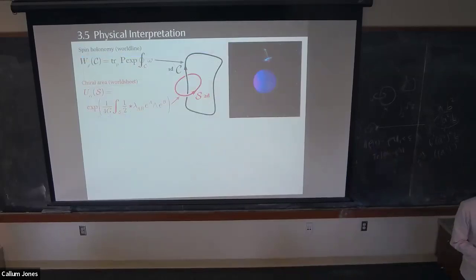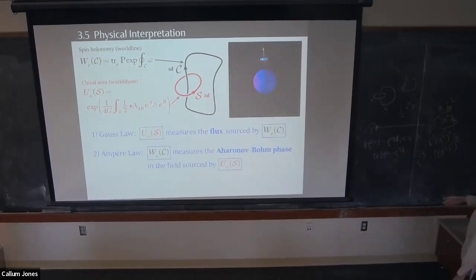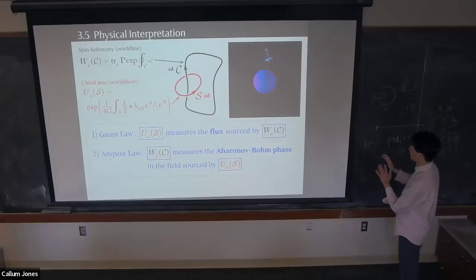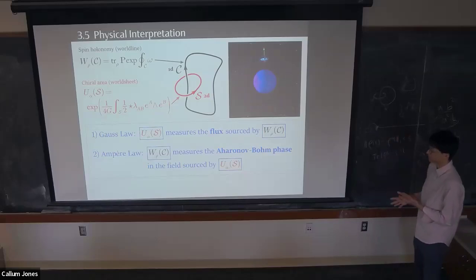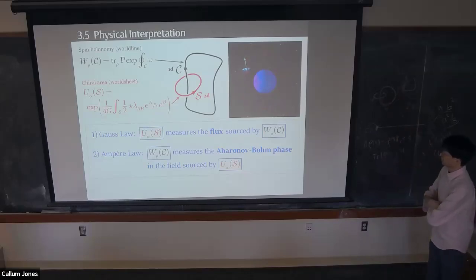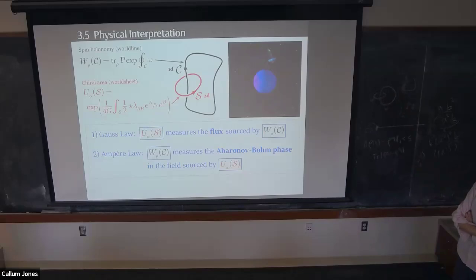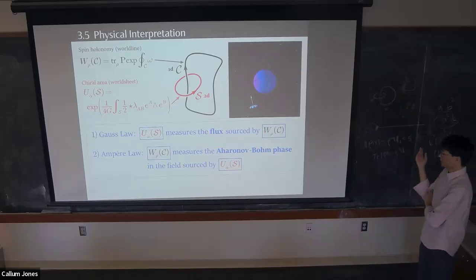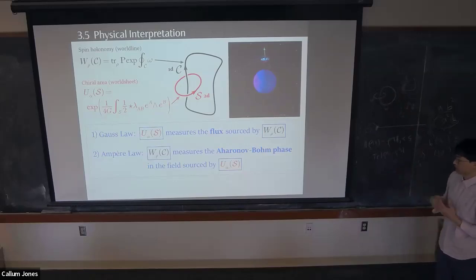Now I finally can get to this point that I wanted to clarify earlier. In Maxwell theory, we can interpret the linking, the Ward identity, in two ways. First, we can say that this U, the symmetry operator, is measuring the flux sourced by the insertion of this Wilson loop. But also we can interpret that this Ward identity is encoding the measurement of the Aharonov-Bohm phase in the thin solenoid generated by the symmetry operator.